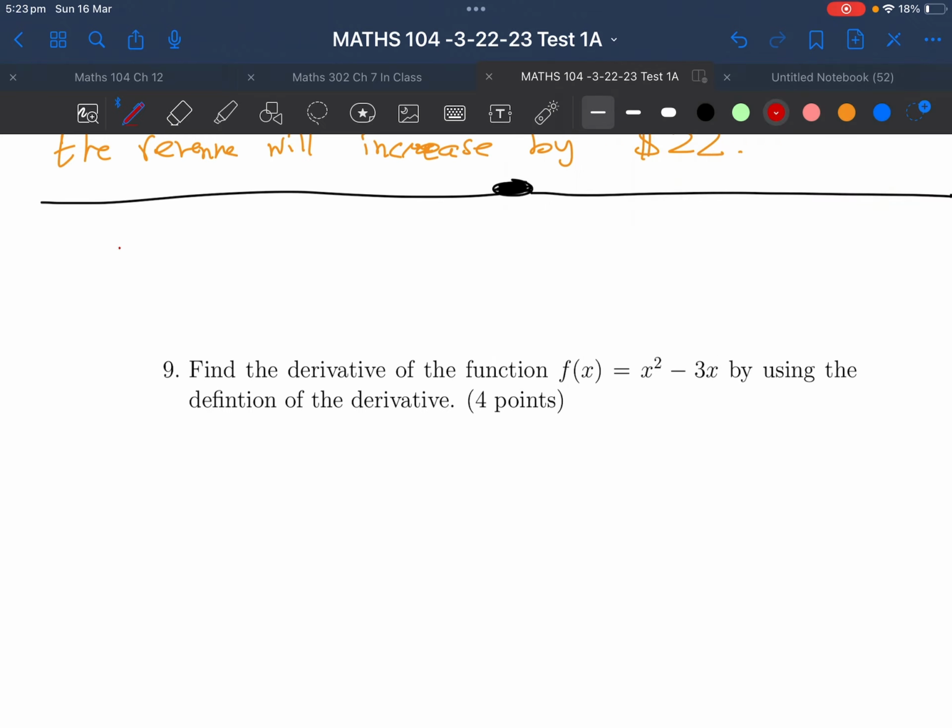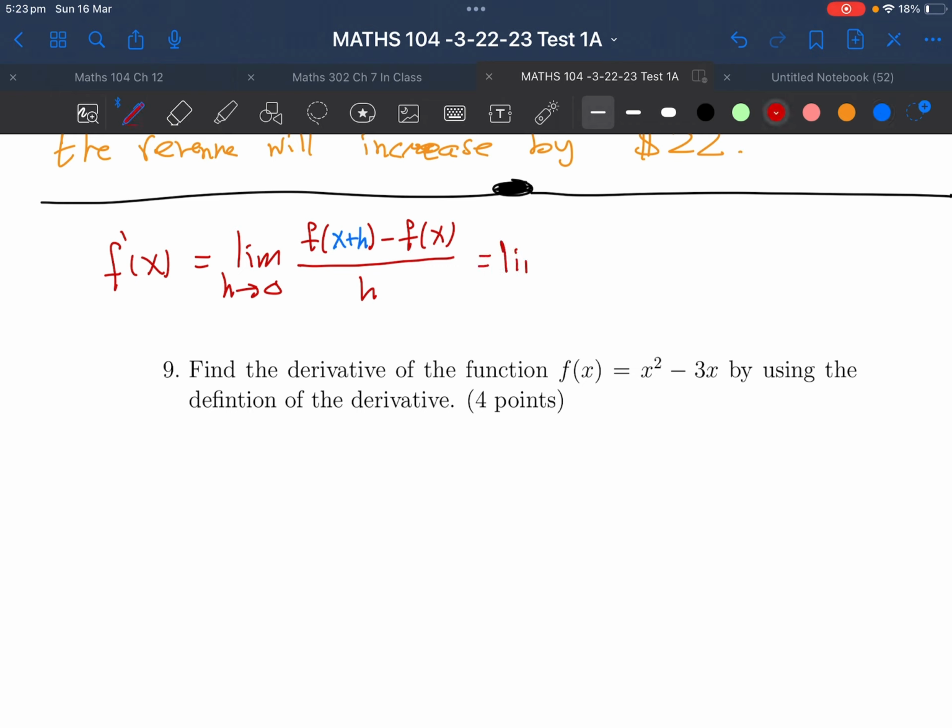We need to find the derivative f prime of x equal to the limit as h goes to 0 of f of x plus h minus f of x, divided by h. This is the definition of derivative, which means you find the derivative using the limit.